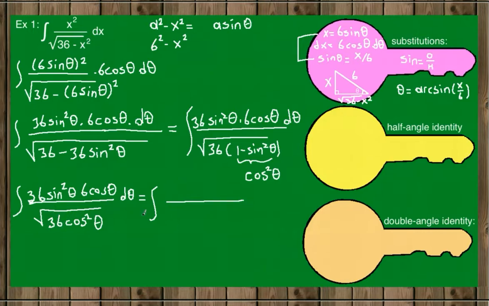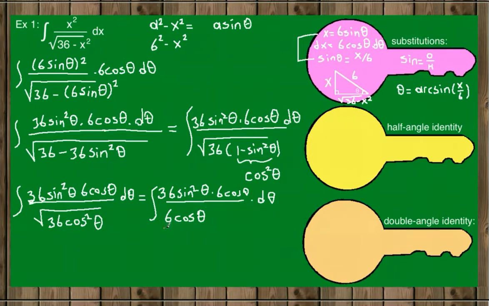Square root of 36 is 6. Square root of cosine squared is cosine. So we can take this expression out of the radical sign. And on top we have 36 sine squared theta times 6 cosine theta and d theta.